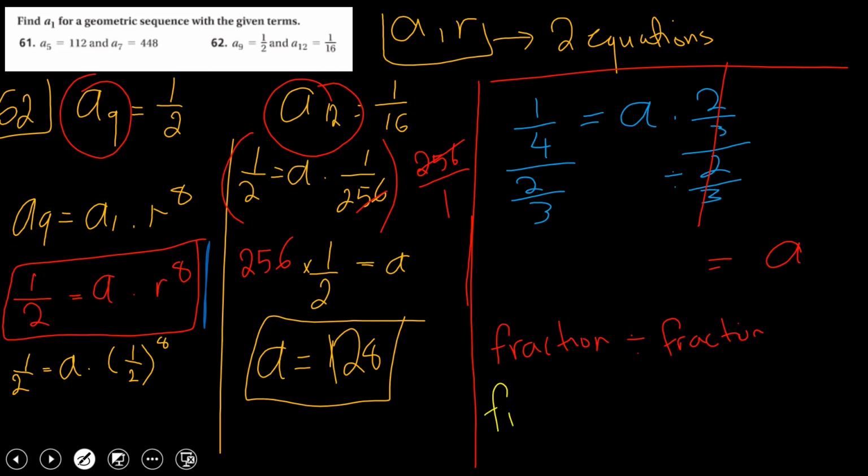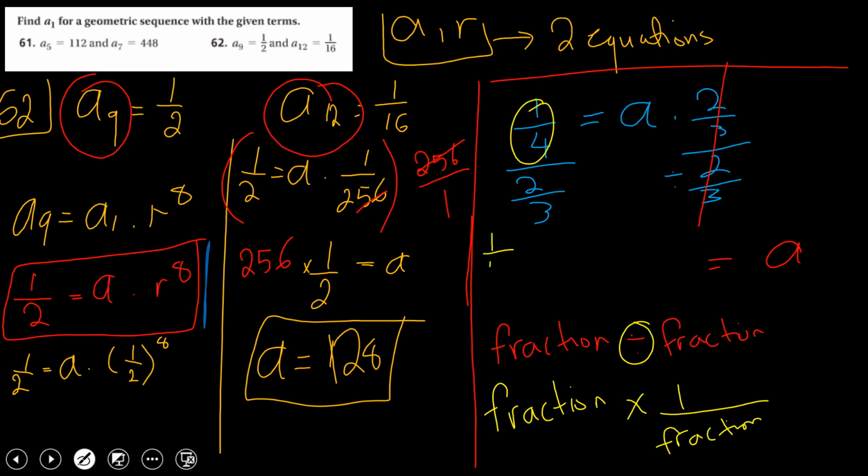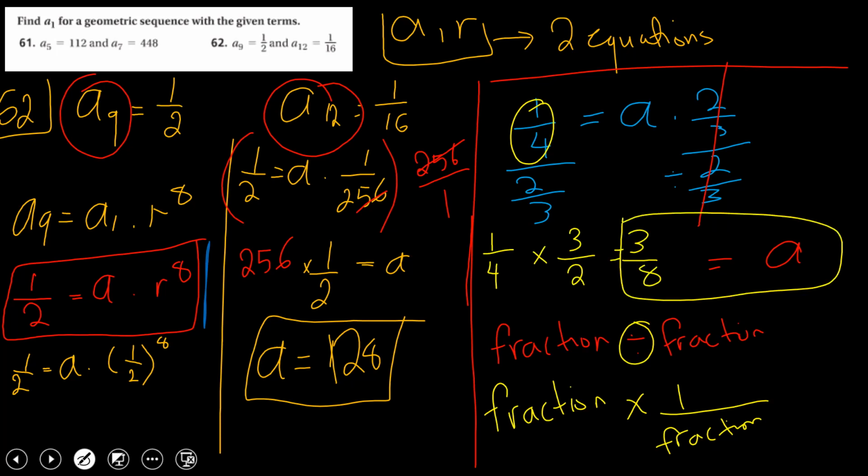I will keep the first fraction as it is, then change the divide into multiply, and write the reciprocal of the fraction. So here we have to do the same. Let's keep 1 over 4 as it is, times the reciprocal of 2 over 3, which is 3 over 2. And the answer will be 3 over 8. So this is the value of a.